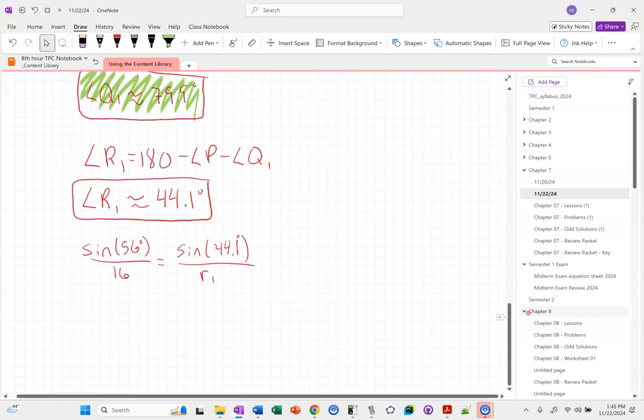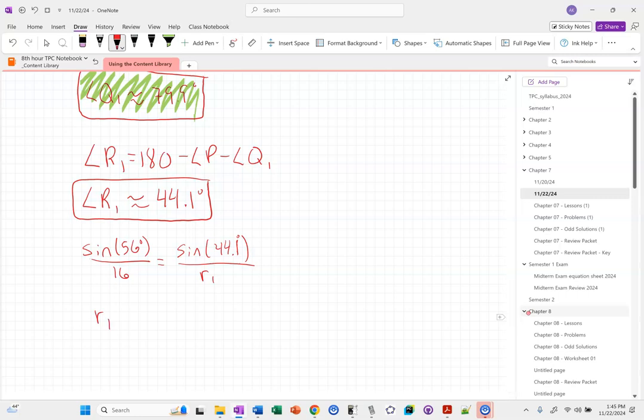I'll then cross multiply and divide to solve this proportion.